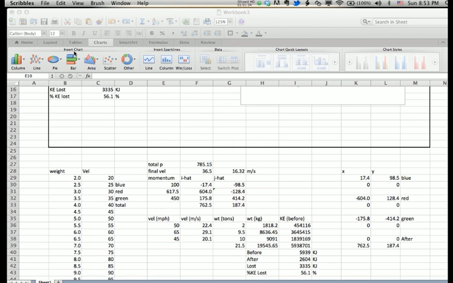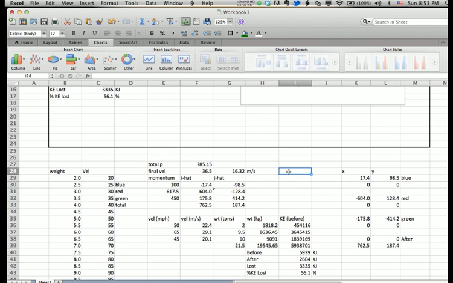Okay, so the first thing I want to do is find the i hat over j hat angle. So let's see, inverse tan of i over j.